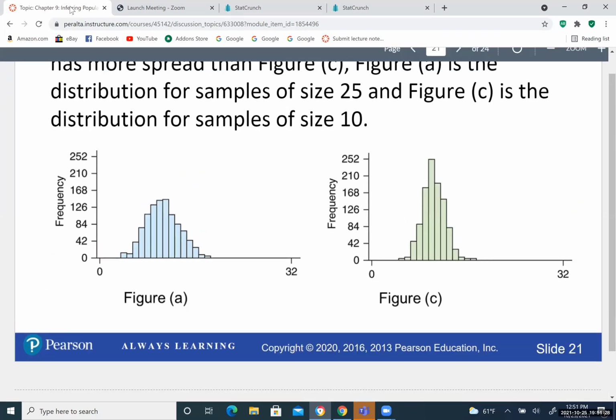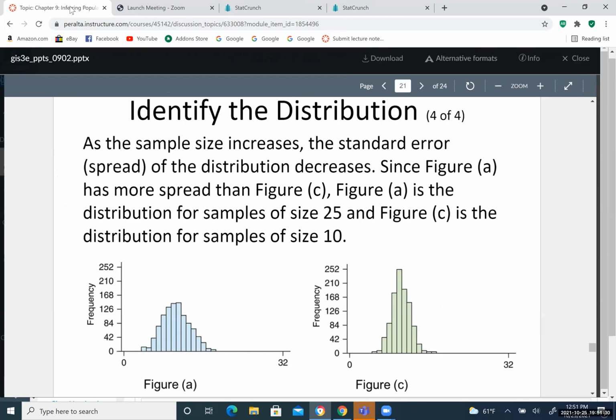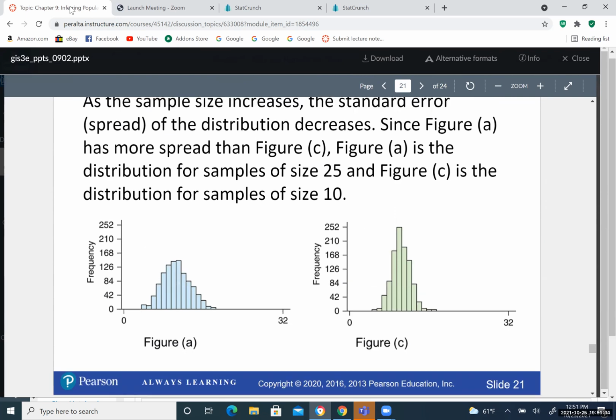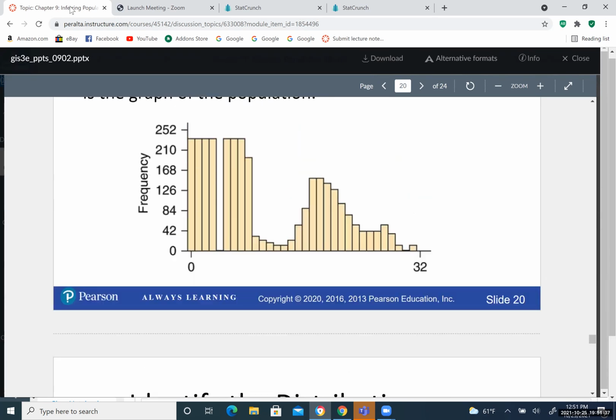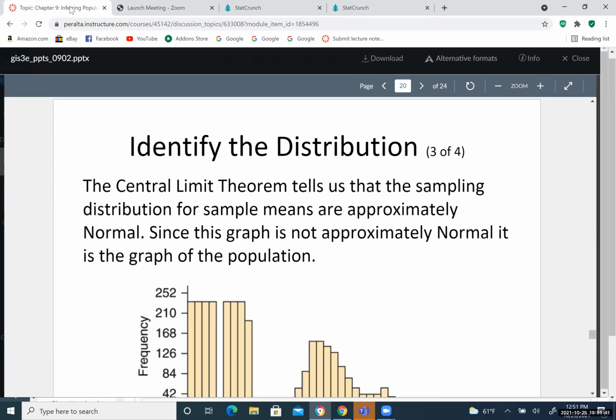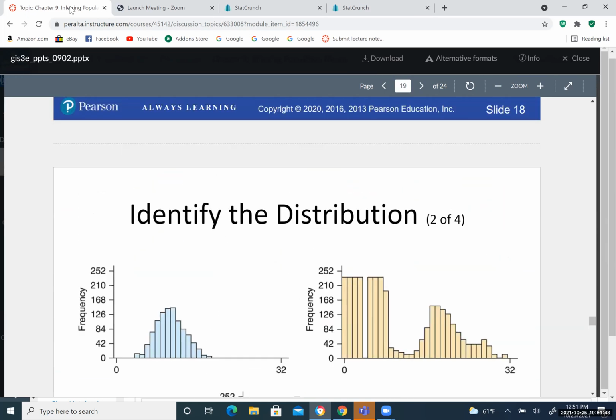It looks like it doesn't make sense on the picture. This part might not be really important. They just want you to see this distribution is not normal. Okay.